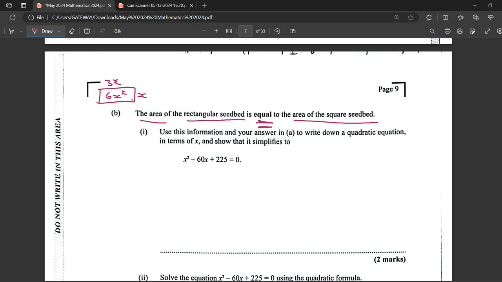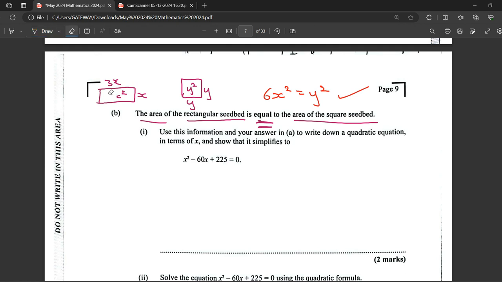That's for the rectangle. Now the square, this side was y and this side is y. So the area of a square will simply be y squared. But they say the areas of the two shapes are equal. So therefore, y squared must be equal to... no, my bad, that is not 6x squared.